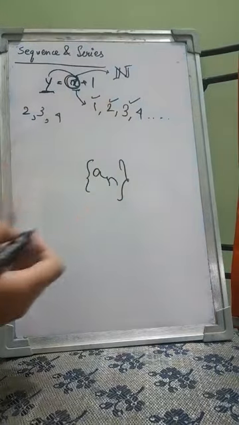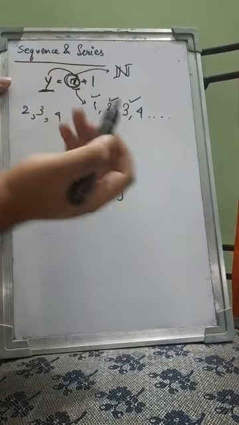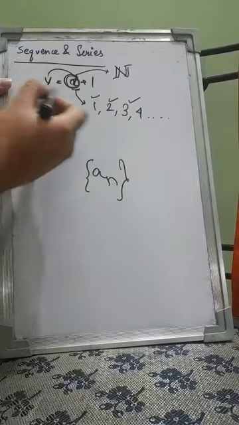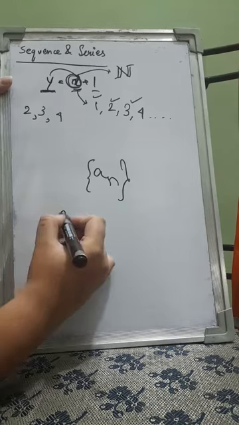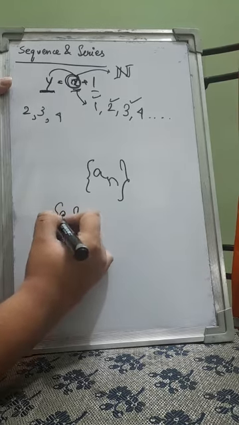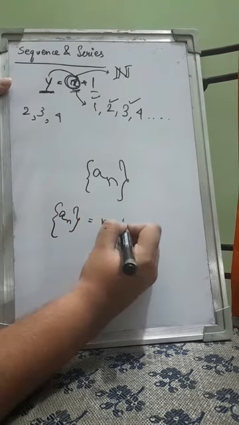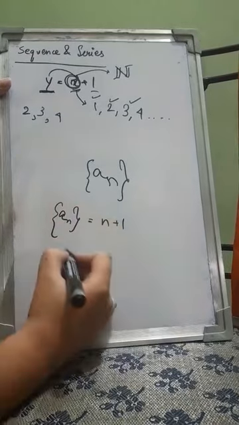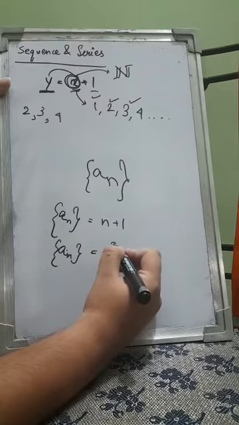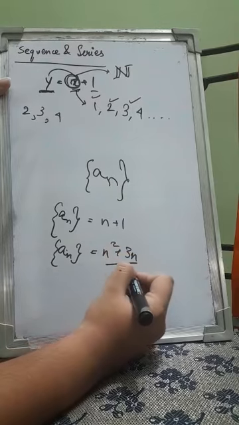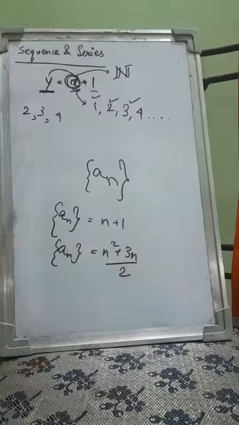So an can be anything. Like here, if I replace these equations with an, we'll have that an as a sequence is equal to n plus 1. This is a sequence. Again, if I have an is equal to n square plus 3n by 2, this is a sequence, right?